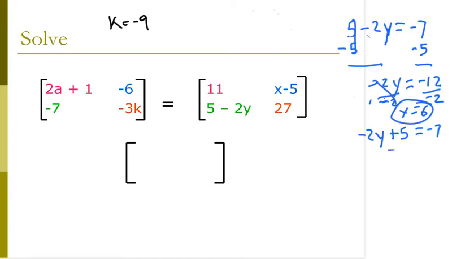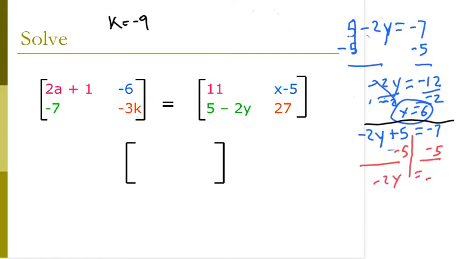We could work out the one on the bottom now to see if we end up with the same result. So if we were to subtract 5 from both sides to undo the addition operation here, we would end up with negative 2y equals negative 12.